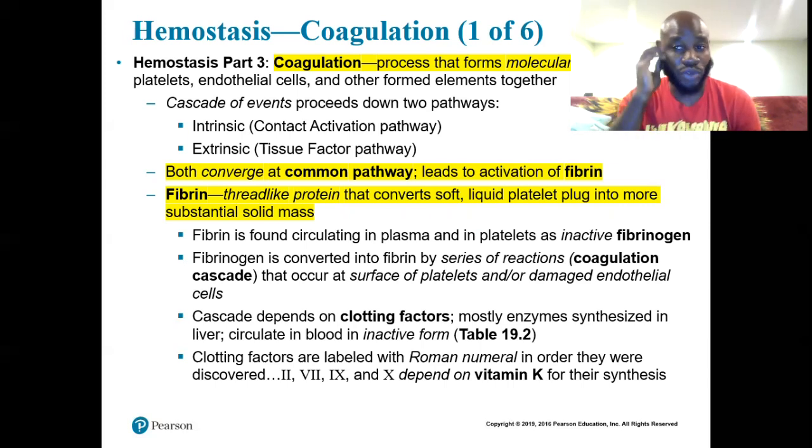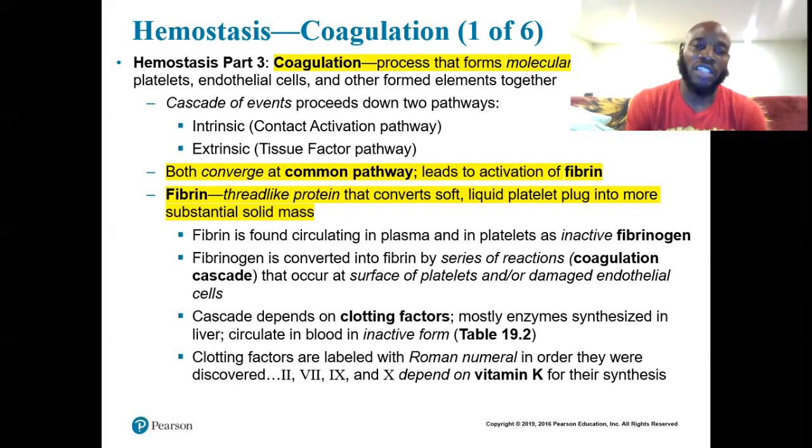We want that artery or that vein to get back to the same structure that it had before it got injured, right? So we need something a little bit stronger. And so we have what we call fibrin, this protein that helps convert that platelet plug into a more solid, substantial solid mass. Okay, that's what we want.